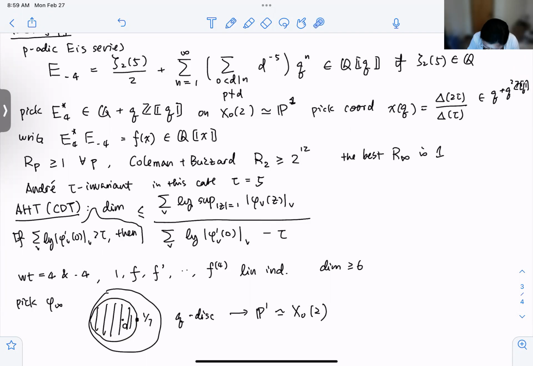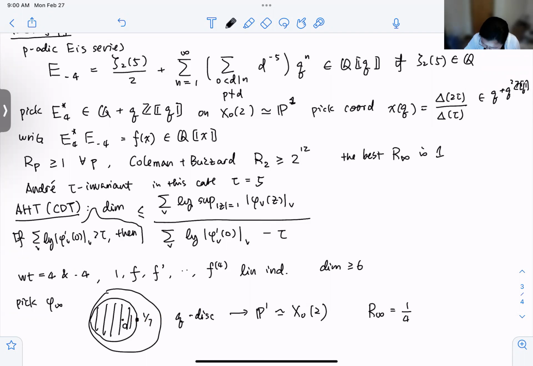And the reason why we pick this disk is that you see that in this direction, phi infinity is getting larger and larger, because it blows up at this cusp. And that's why we want to take it as small as possible, but still, in this case, we'll have R infinity to be 1/4.